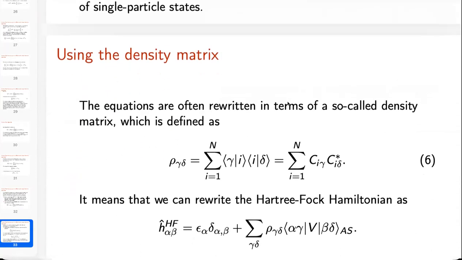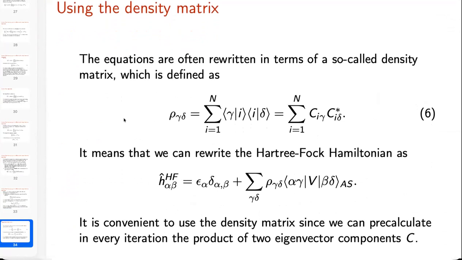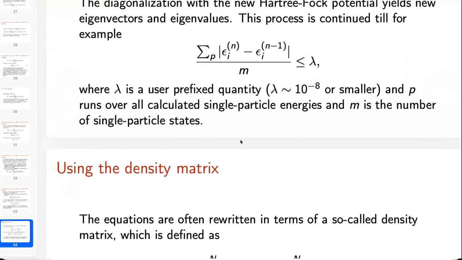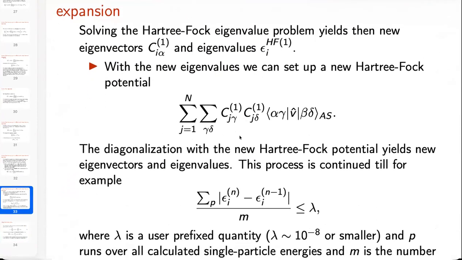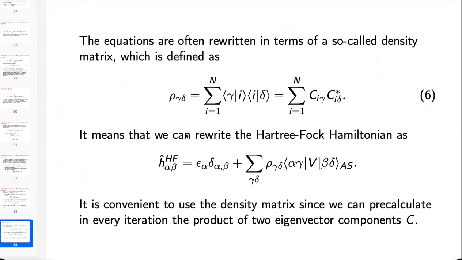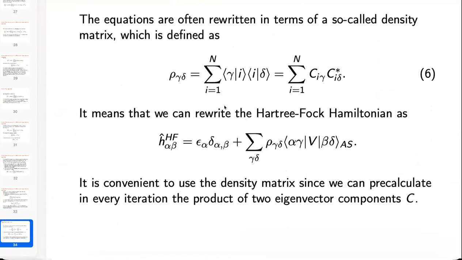And it's pretty common, as we said yesterday, to define something which we call the density matrix, because you see now that when you're looking at the calculation of the matrix element here, or this specific contribution, you have a triple sum, and you can reduce that by summing over all the particles. That means you define an object which contains the given single particle states, and then you sum over the states which are below the Fermi level.